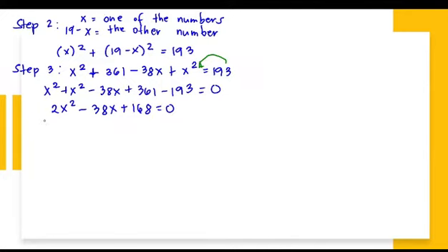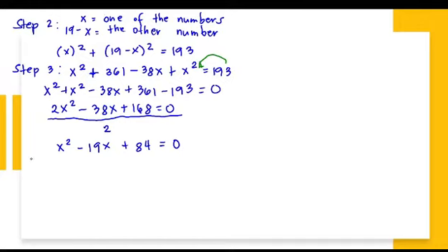And then you can see, pwede natin paliitin para mas madaling masolve later. Lahat yan ay divisible by 2. So we can divide them by 2. So the new equation will become x squared minus 19x plus 168 divided by 2 is 84 equal to 0.